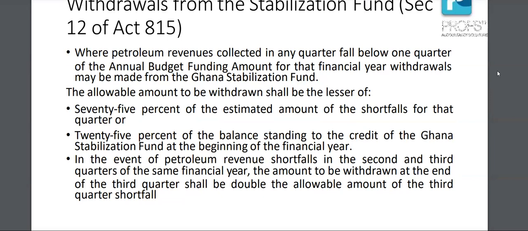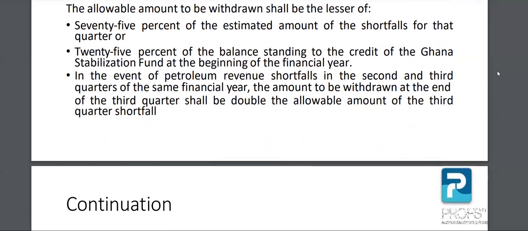Or then you look out for the 75% of it, or 25% of the balance standing to the credit of the Ghana Stabilization Fund. So obviously the fund is going to have a running balance. So if you want to take a look at the criteria, you just look at the opening balance, you multiply by 25%, and then you are good to go.